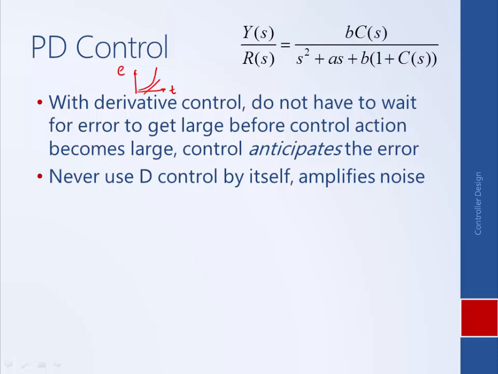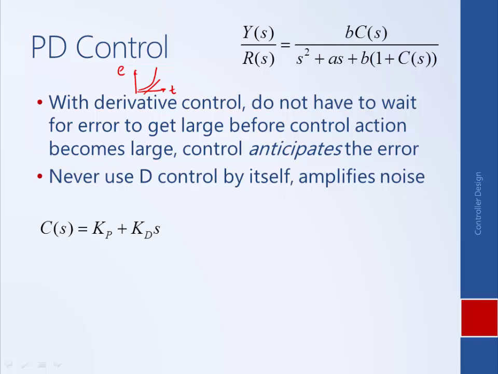We should always use it in conjunction with proportional control, or proportional control and integral control. This fact also makes some people in industry hesitant to use derivative control in their controllers. Later in the course, we'll discuss some methodologies for addressing this amplification of noise problem.